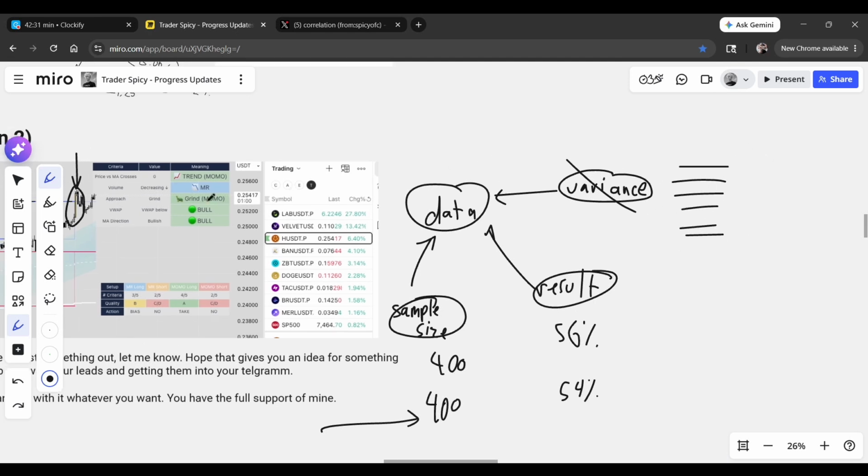The more vague something is, like is price above VWAP, yes or no, the less stuff there is and the more broad it is. So the more specific you are on an instance, the more trust I have in the data that is being produced, because it's collecting it on a very specific type of event.